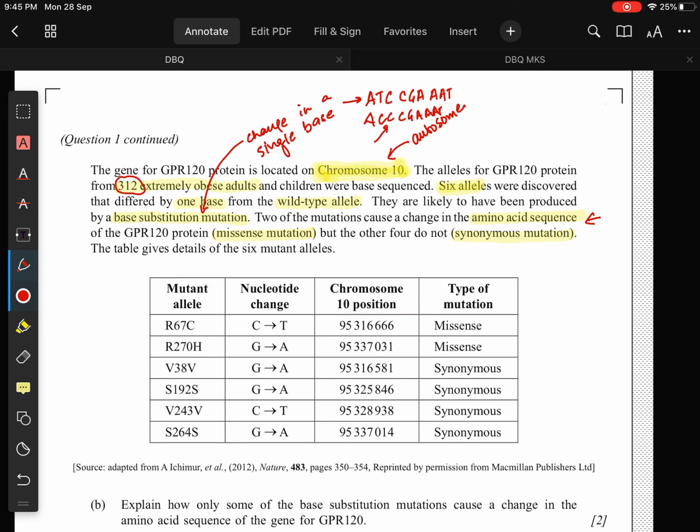Now, when do mutations cause a change in the amino acid sequence? What they are saying is that not all mutations do. There are 6 mutations, 6 alleles were discovered, so 6 mutations happened, but not all mutations cause a change in the sequence, only 2 mutations cause an amino acid sequence change.